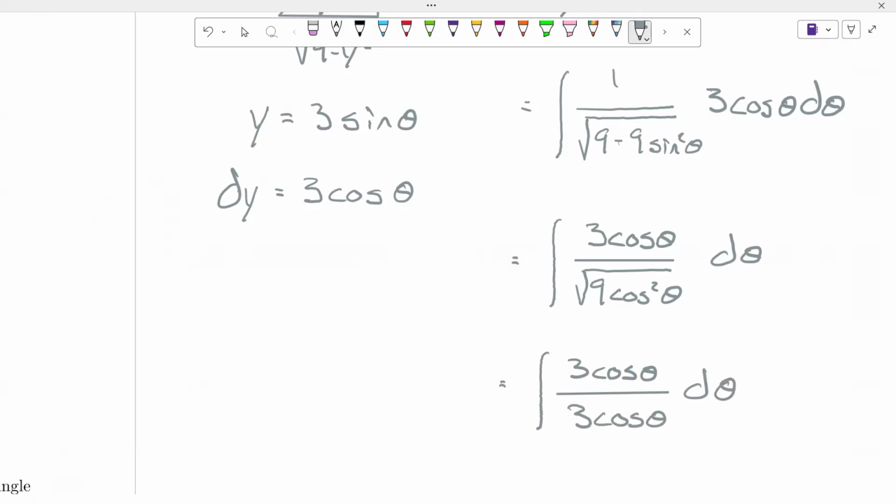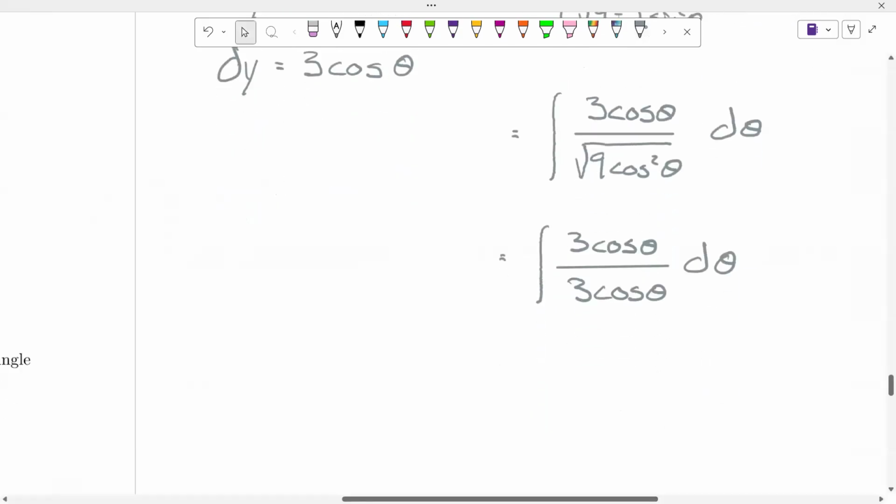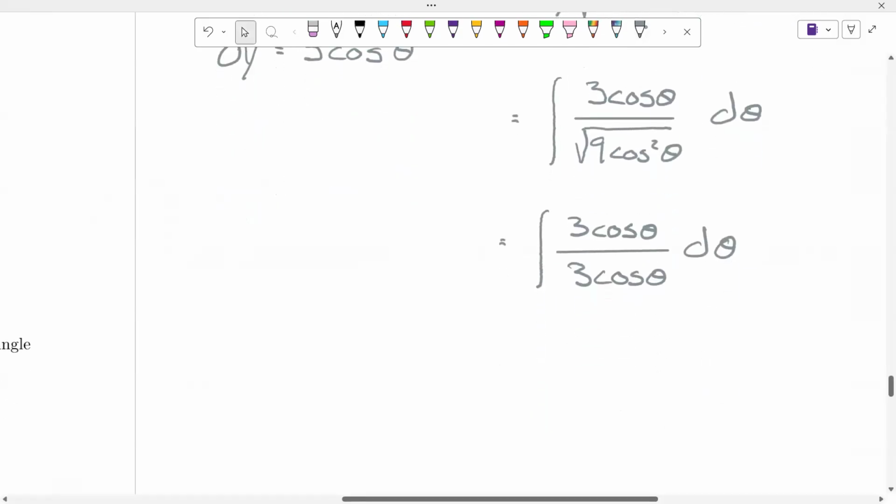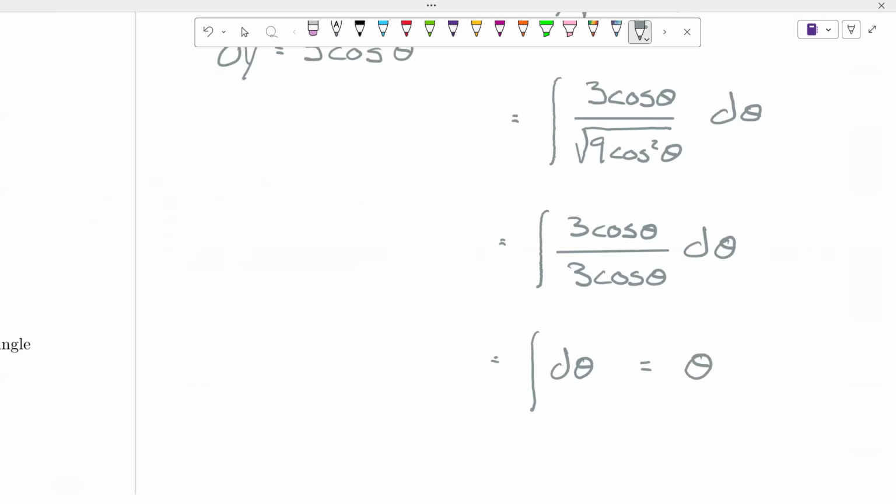And look, it all cancels as long as cosine theta is greater than 0, which we'll just gloss over for a bit. This is just the integral of d theta, which is theta. All that just to integrate one piece.